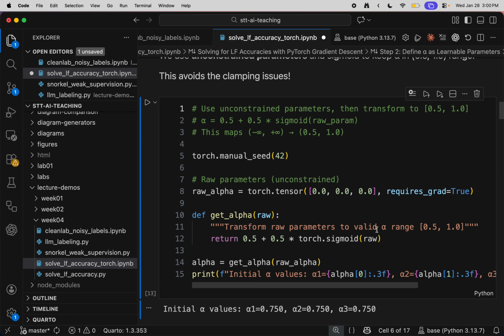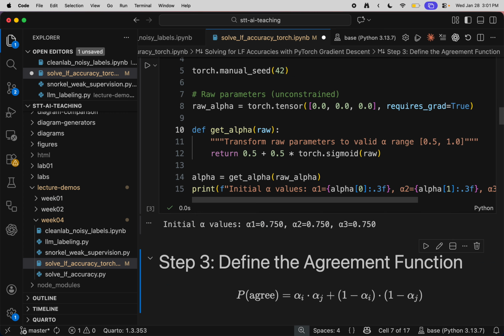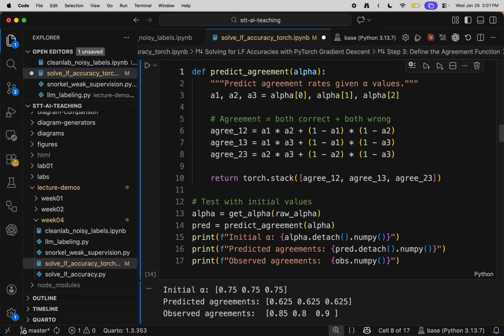I want to somehow learn these alphas given the data. I will use an optimization procedure to learn these. I am doing a bunch of tricks here, one of which is known as a sigmoid transform to convert them to a scale of 0.5 to 1, but those are not particularly important.